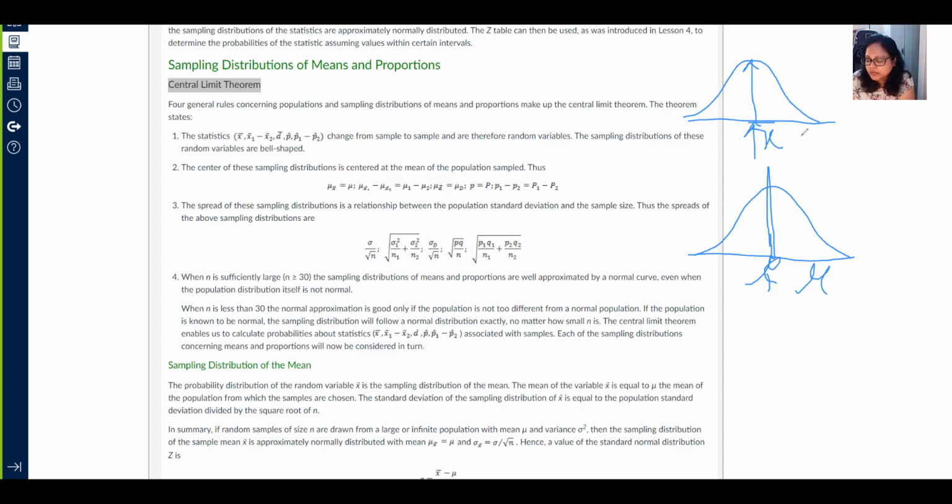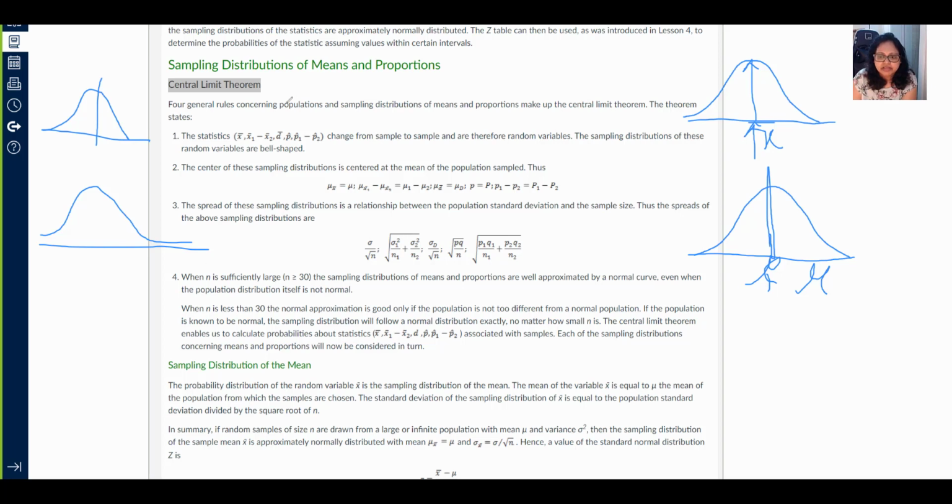Whenever we have a larger sample, let's say 30 or more, then even if our distribution in the population is not normal, let's say skewed, if we take samples many times, if we repeat that, and if we take a larger sample size, let's say 30 or more every time, then in the sampling distribution you will see that it's actually normal.